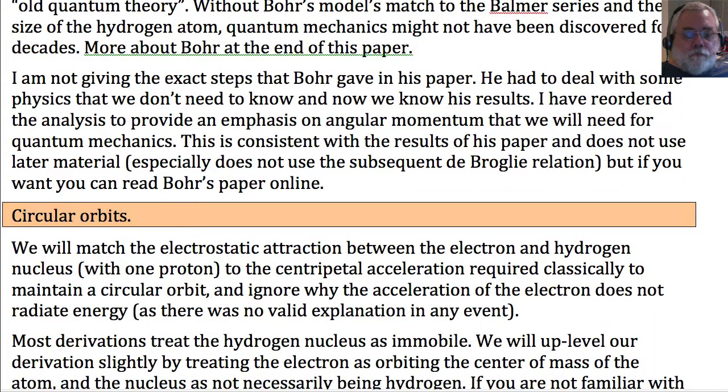Circular orbits. We will match the electrostatic attraction between the electron and hydrogen nucleus with one proton to the centripetal acceleration required classically to maintain a circular orbit. And we will ignore why the acceleration of the electron does not radiate energy, as there was no valid explanation for this in any event.